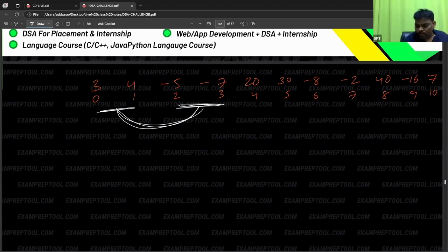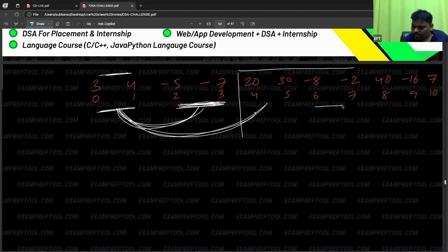Some people say, sir, I will take this and this, but you have to take continuously. Here this is -12 and it is only 7, so you are losing. It is better not to take them. Maybe you can take this.